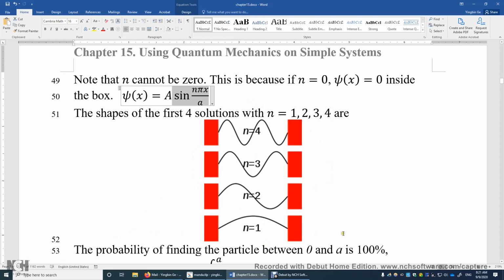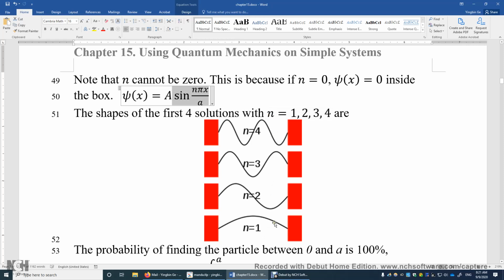There are 0 nodes inside this box when n equals 1. 1 node, 2 nodes, 3 nodes. Really, the number of nodes inside the box is this quantum number n minus 1.